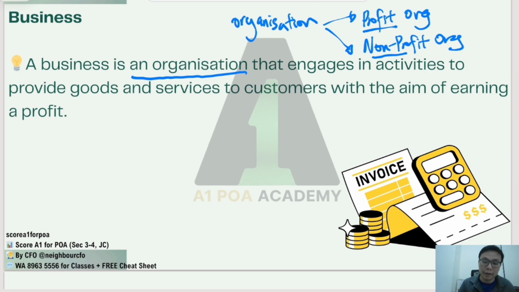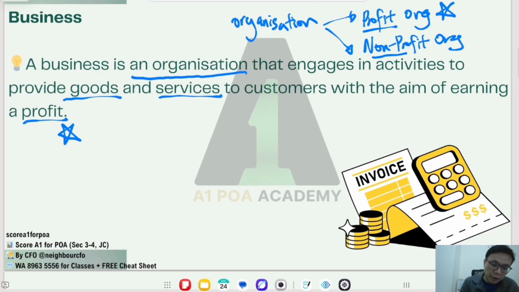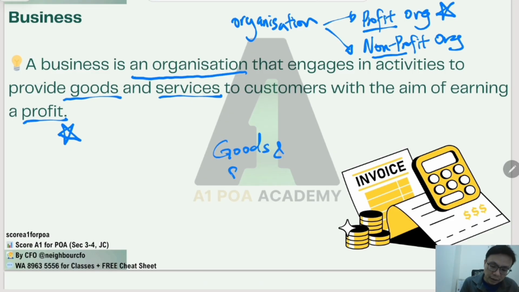Because as you can see over here, when we further elaborate the definition, it says that it engages in activity to provide goods and services to customers with the aim of earning a profit. So therefore, business is an organization with the aim of earning a profit. Within the definition, we also mention the keyword, which is goods and services.